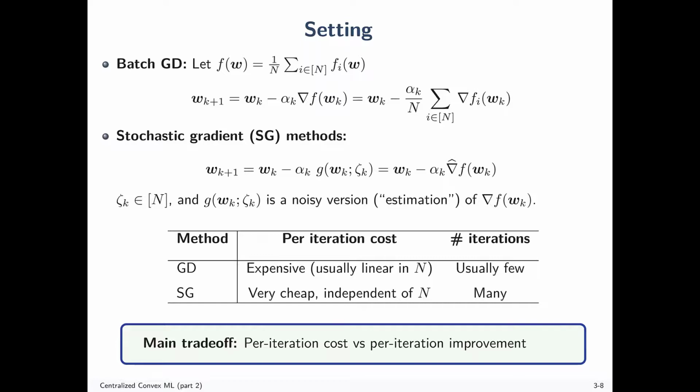Let's start with the definition of f of w being 1 over n summation of fi, and for the sake of simplicity, assume that n is finite. So we have a finite sum objective function. Recall from lecture 1 why we are interested in this form of objective functions.